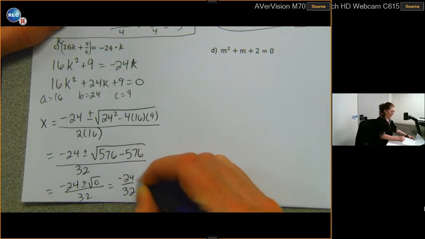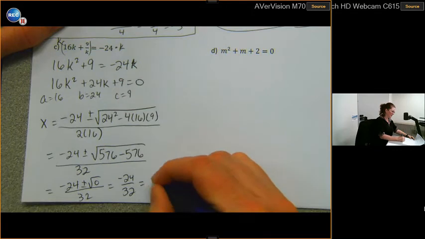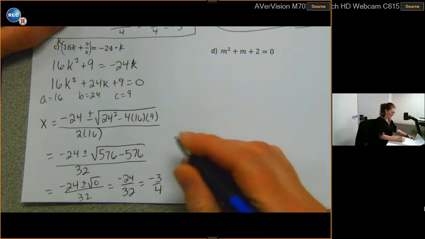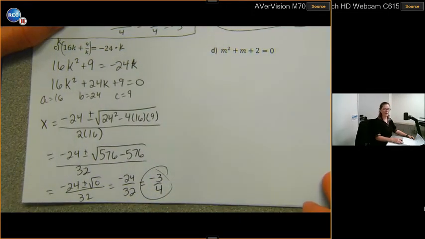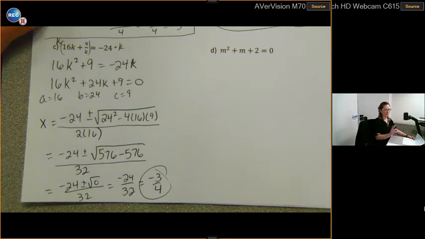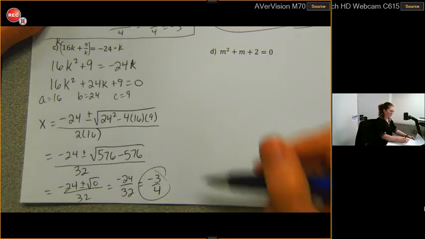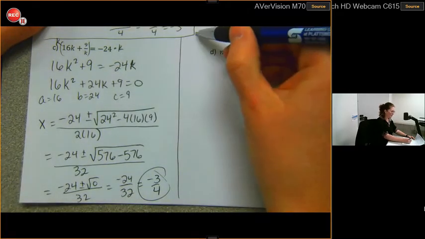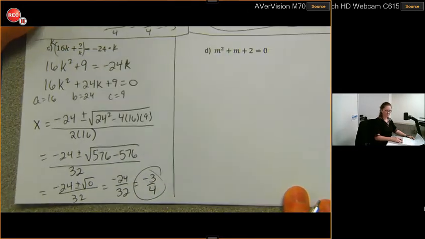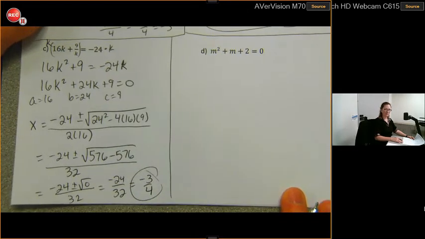And then 24 over 32 simplifies by 8, and we get negative 3/4. So we just have that one answer this time. Keep that in the back of your mind, we'll come up to this again in just a moment. When you have a 0 under your square root, you're just going to have one number for your answer. One more problem to do.